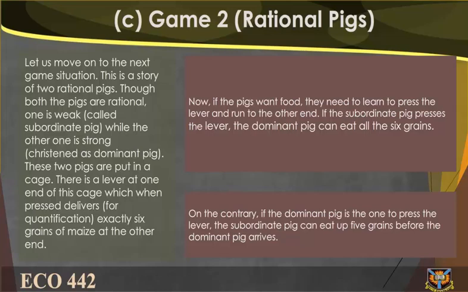Now, if the pigs want food, they need to learn to press the lever and run to the other end. If the subordinate pig presses the lever, the dominant pig can eat all the 6 grains. On the contrary, if the dominant pig is the one to press the lever, the subordinate pig can eat up 5 grains before the dominant pig arrives.